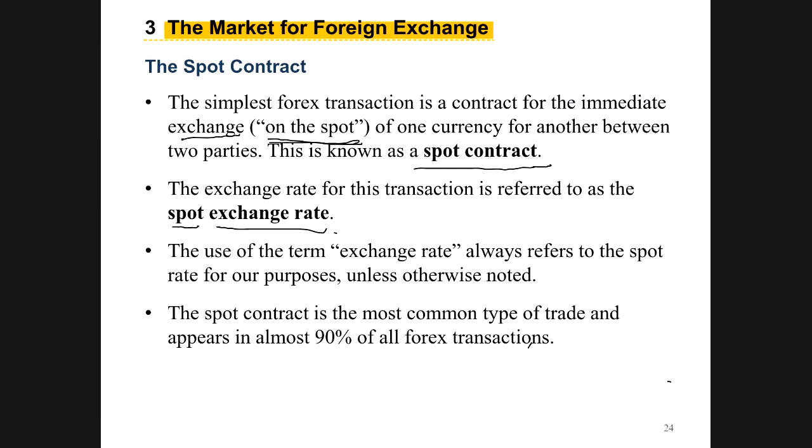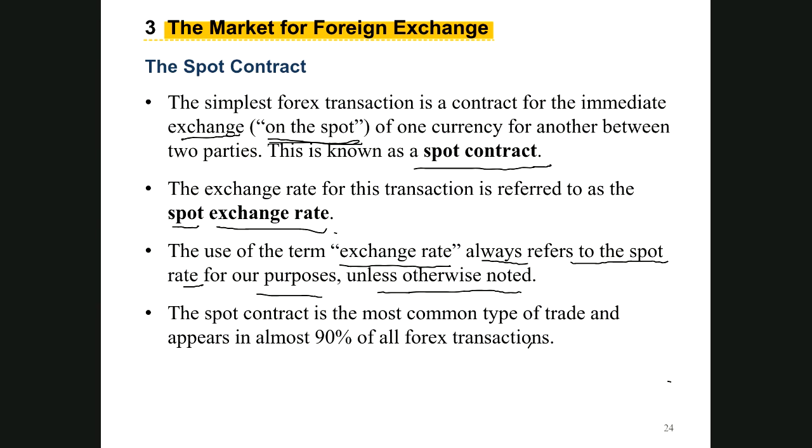So the use of the term exchange rate always refers to the spot rate for our purposes, unless otherwise noted. But we will talk a little bit more today, because the exchange rate will float over time. If you're using the future exchange rate, that will not be called the spot exchange rate.